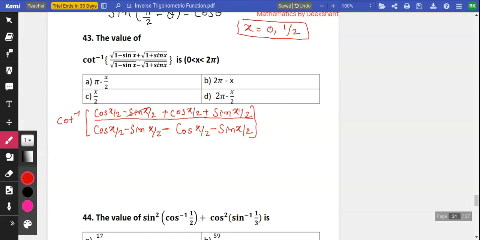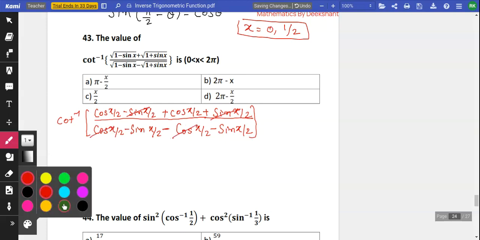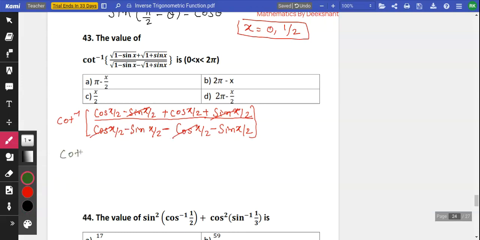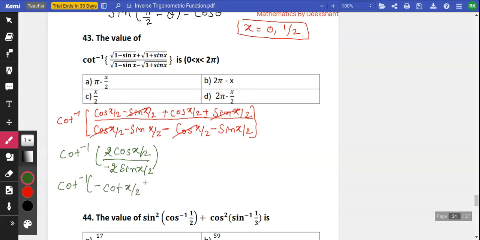Now sin x by 2 and sin x by 2 cancel out, and cos x by 2 and cos x by 2 cancel out. It becomes cot inverse of 2 cos x by 2 upon minus 2 sin x by 2. The 2 and 2 cancel out. It becomes cot inverse of cos upon minus sin, which is negative of cot x by 2.